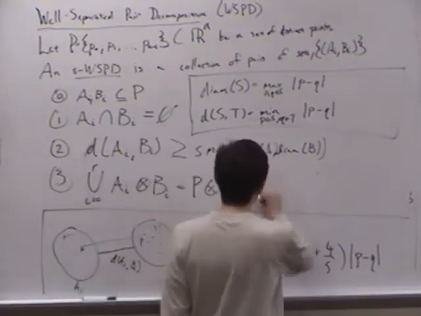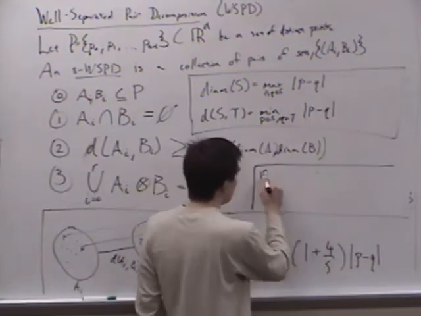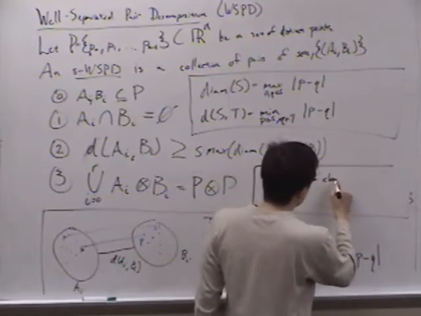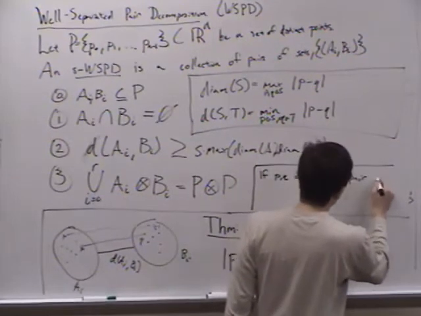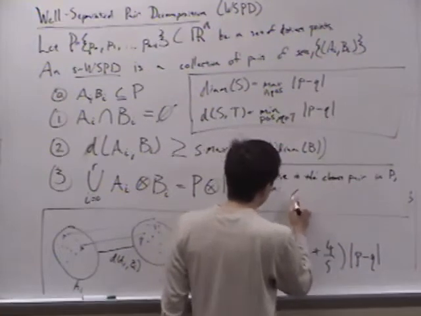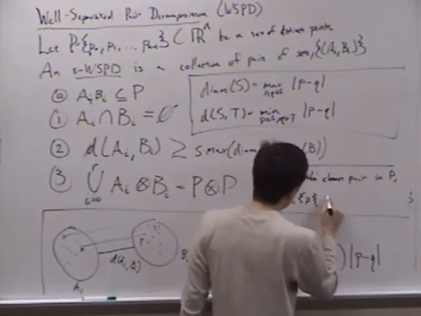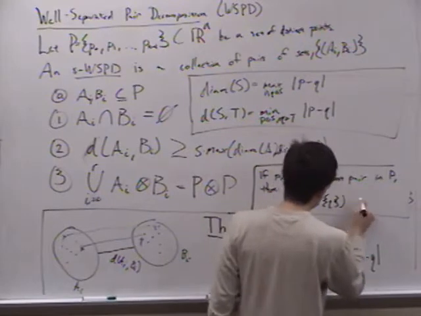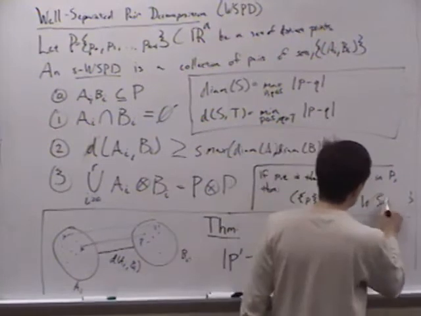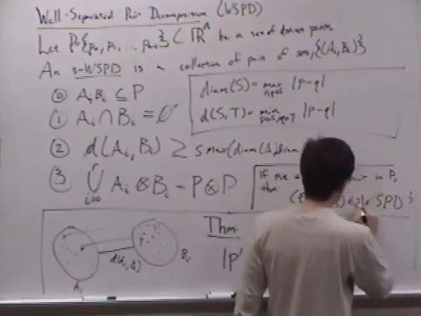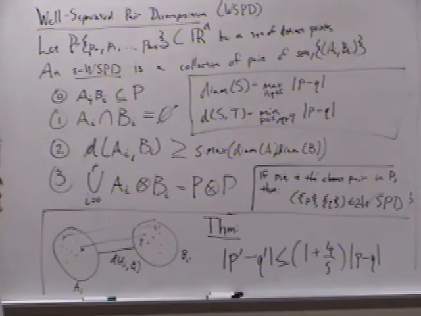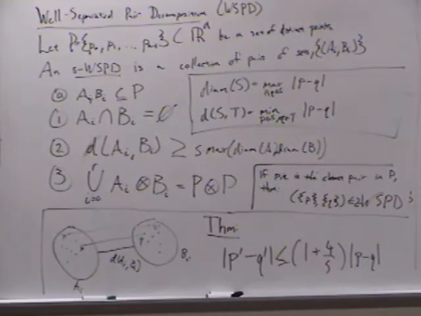So a direct consequence of this theorem is that if PQ is the closest pair in P, then this set PQ is in this well-separated pair decomposition W. And it actually has to be at least a 2 well-separated pair decomposition for this to work. All right, so that's the basic idea.